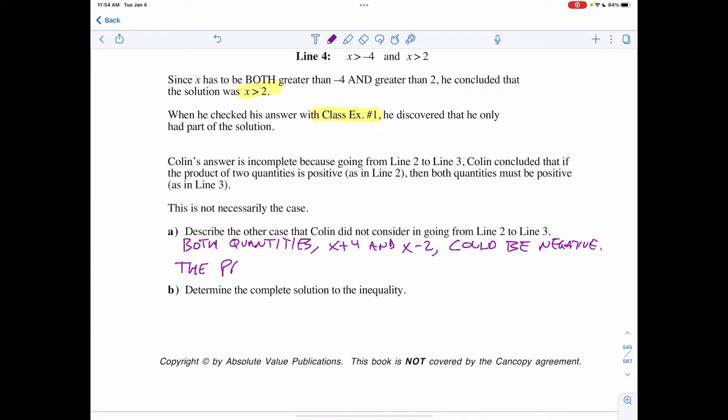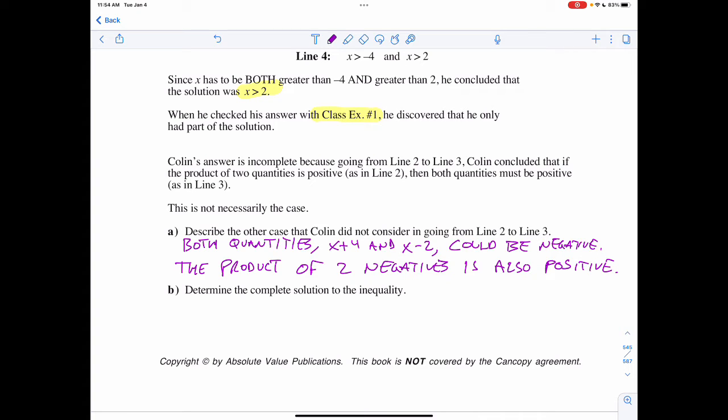The product of two negatives is also positive. So if they both happen to be negative, a negative times a negative would make a positive as well.